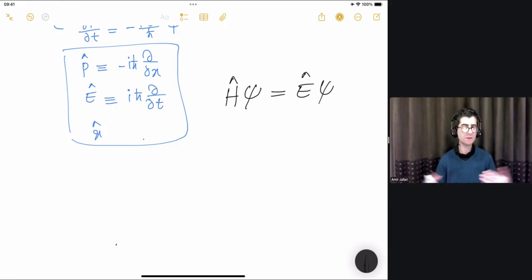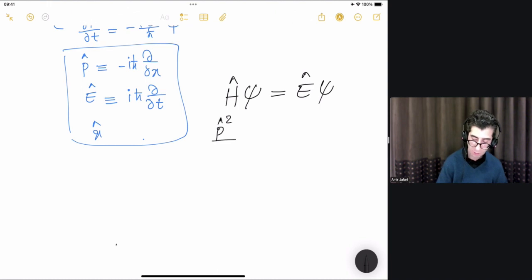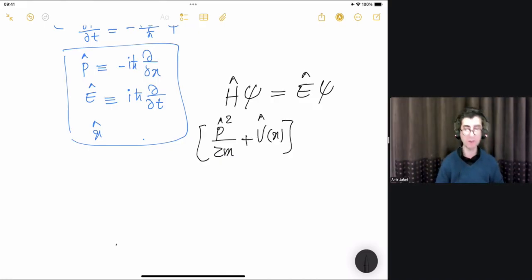Okay, Hamiltonian is the same as energy, but Hamiltonian in classical, in non-relativistic mechanics, is given by p squared over 2m. m is the particle's mass, and p is the momentum, plus some potential energy, which should be treated as an operator now, acting on psi, and E is iħ ∂ψ/∂t.